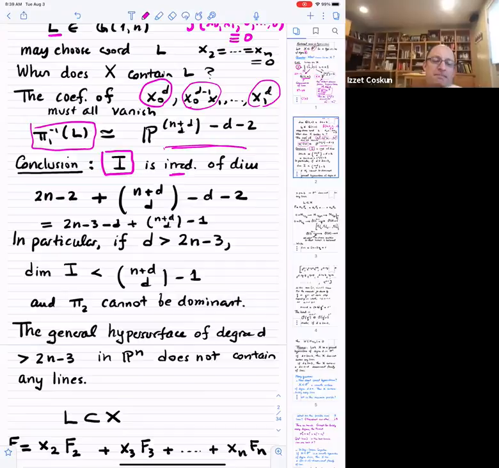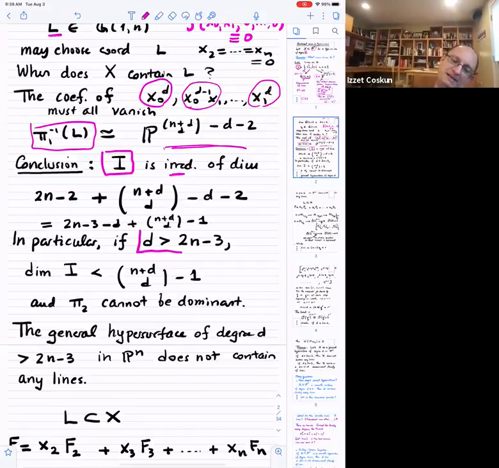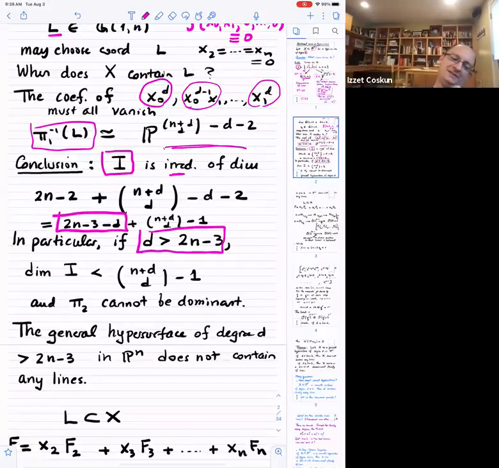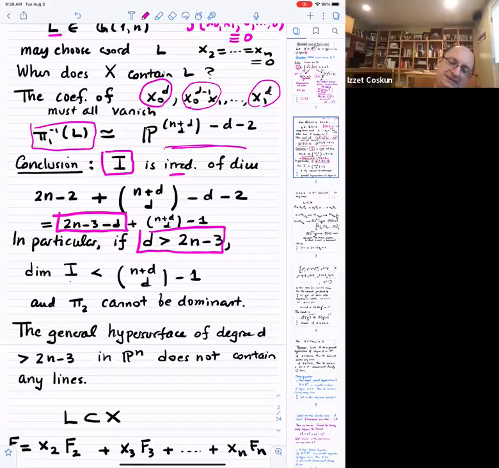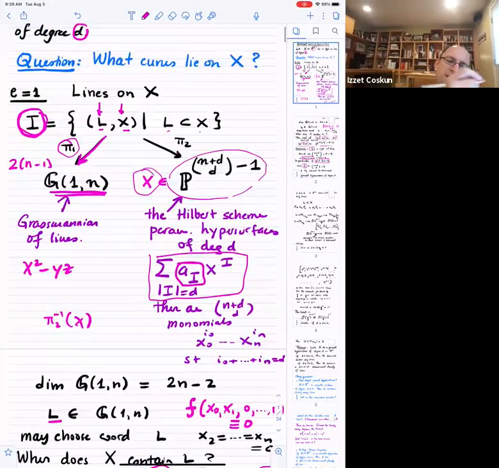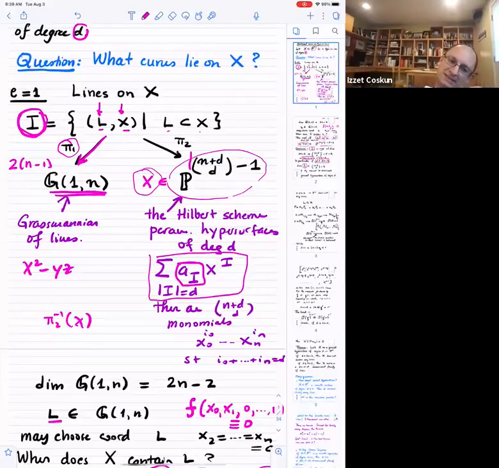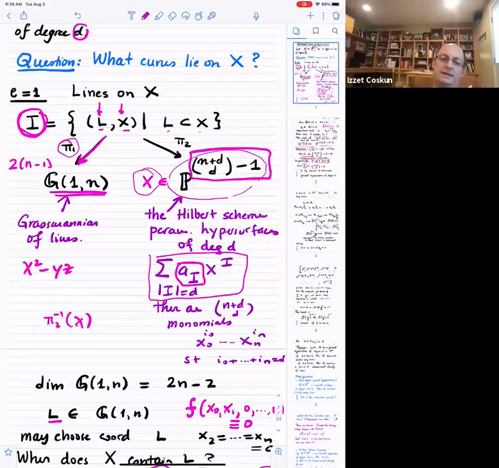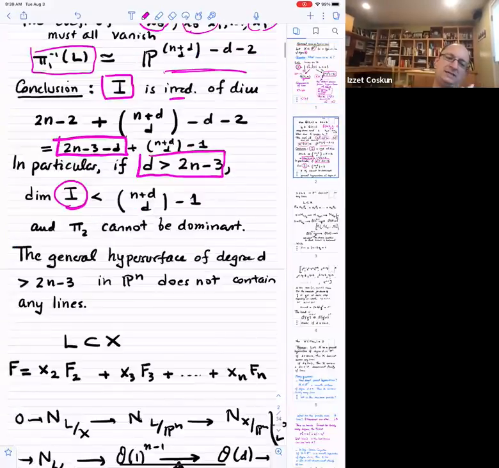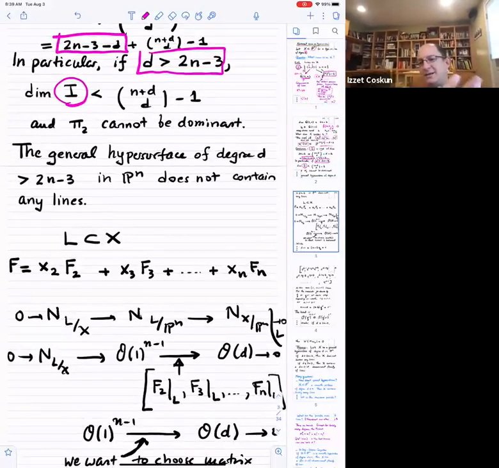So in particular, we learn something. If d is bigger than 2n minus 3, so that this part is negative, then the dimension of this incidence correspondence is less than the dimension of this projective space. So in that case, pi2 cannot be surjective.